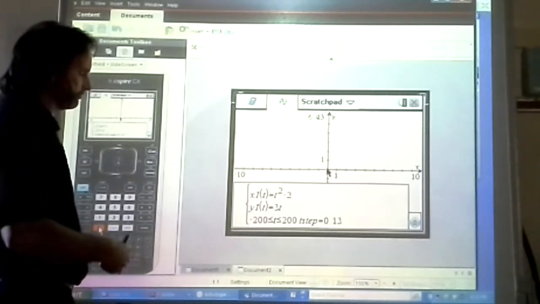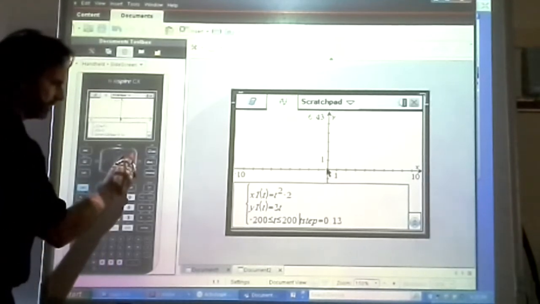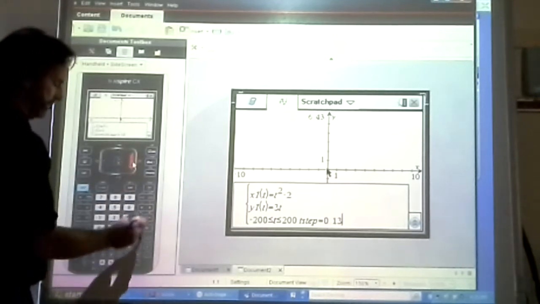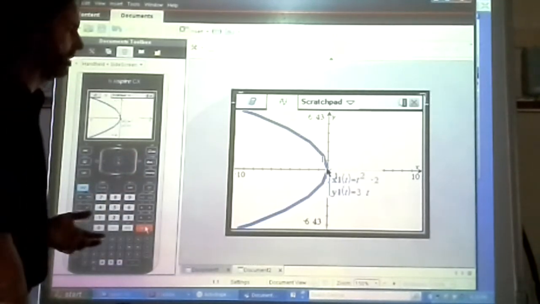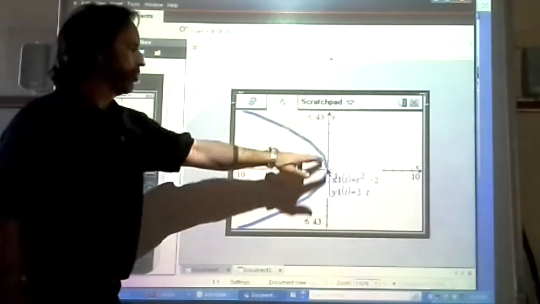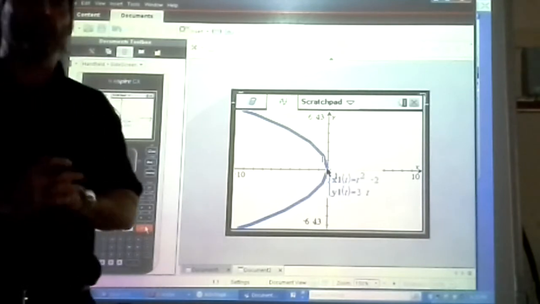And my step doesn't really matter, it can be 0.13, I don't really care. Let's hit enter. Okay, notice my parabola. It's horizontal, okay? And we're not going to get all of the conics aspect of it.